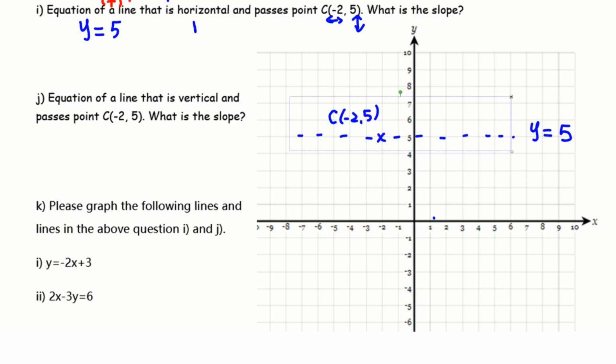So rise equals 0 for the horizontal line, rise over 0, and the y could be any y, 1, 2, 3. So it doesn't matter what the run is, what the x difference is, it always gives you 0. So the slope is 0 for horizontal line.